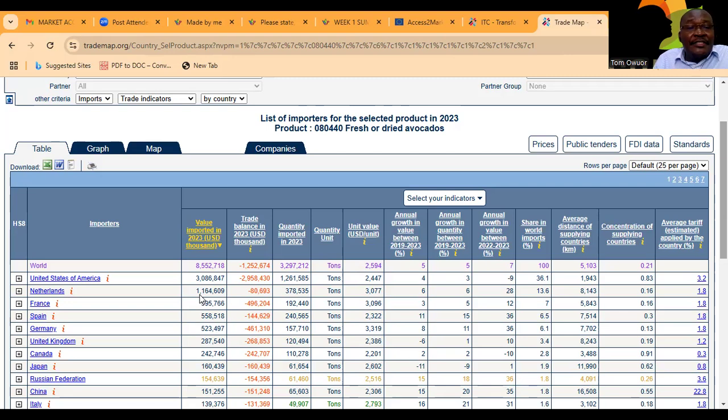After the United States, Netherlands imported 1.16 billion US worth of avocados, followed by France and then Spain.